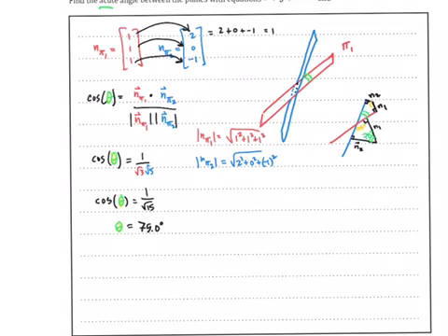So the acute angle between the planes, once I find the acute angle, I'm done. So that's our angle between the two planes using the dot product and the magnitude of the normals. All right, we'll see you in the next video. Let me know if you get some questions.